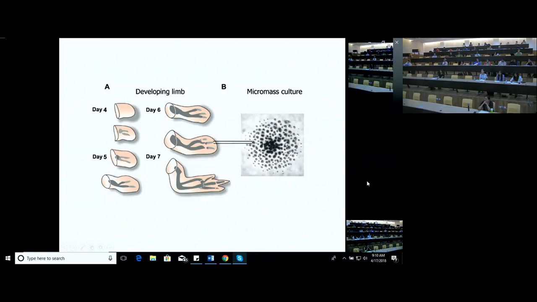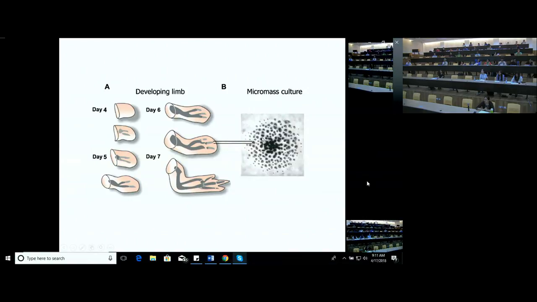And this is about 3 millimeters across here. And the dimensions of the limb are, this is a total of about 7 millimeters in diameter. So this culture represents a blown up version of this, but the culture forms many little nodules.